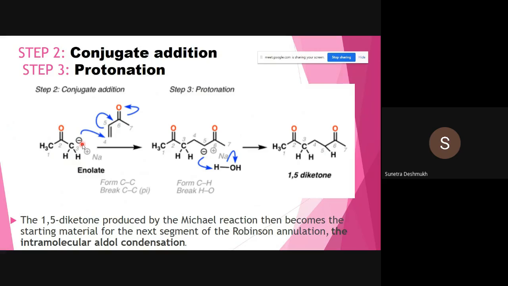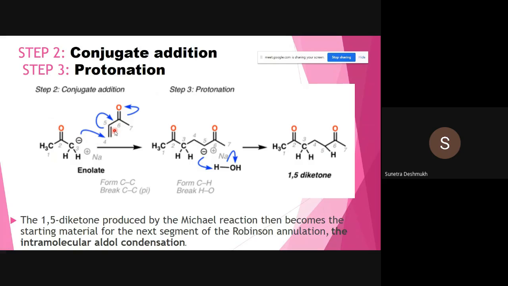So in step two, once we generate the enolate or carbanion, I have written the negative charge at the third position, and this nucleophilic addition occurs via 1,4 conjugate addition. This is a soft nucleophile.